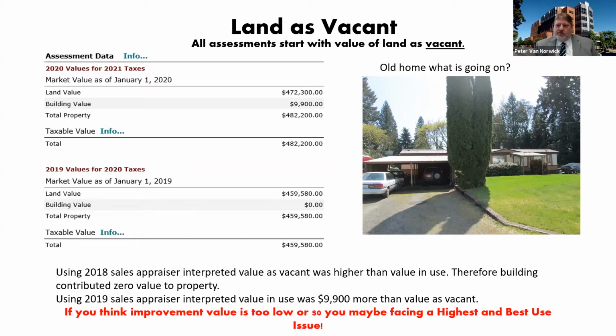Under the state laws of the state of Washington, we are always required to value a property at its highest and best use. So it doesn't matter if it's a single family home on 5 acres selling for $400,000, but the 5 acres as development land would sell for $500,000. We have to put the highest value on it. It's not based upon what they're currently using the land for, but on how the land is vacant.